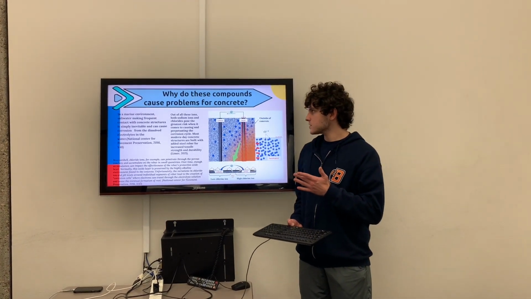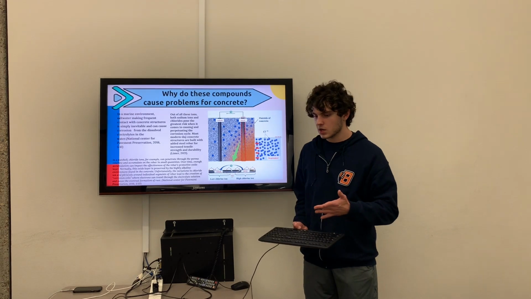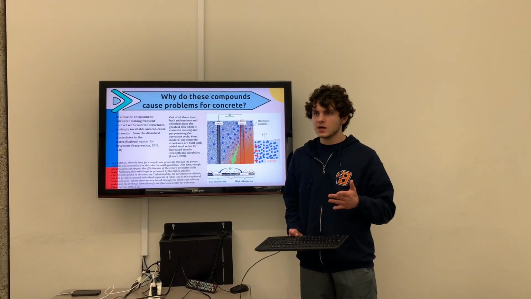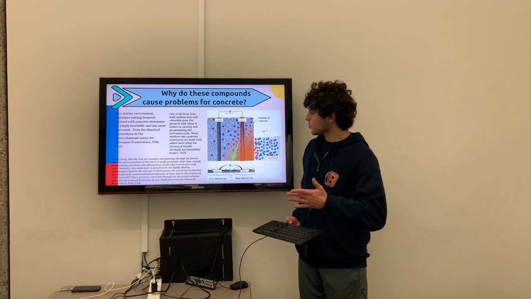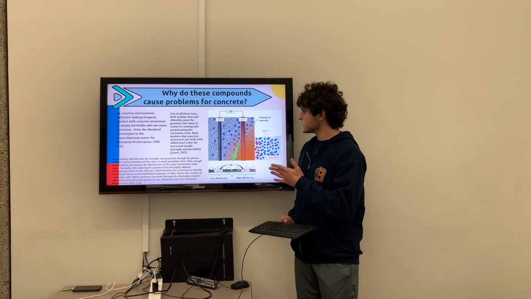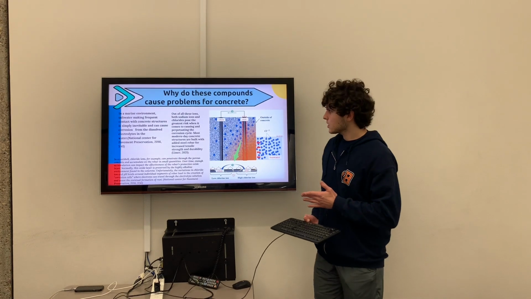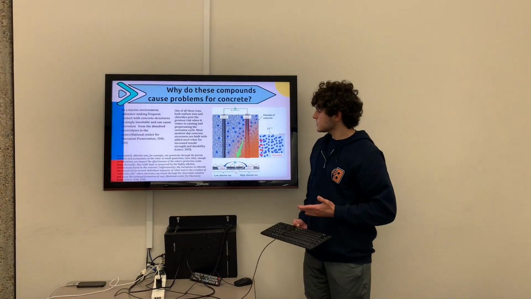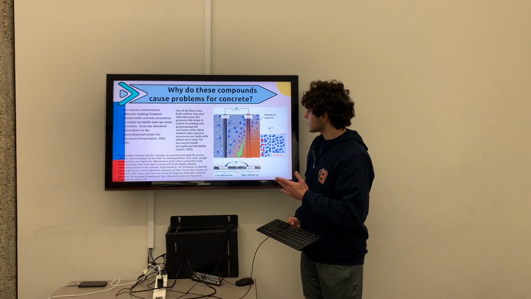However, these chloride ions can seep into the structure of the concrete, and consequently, they can actually cause a phenomenon known as a corrosion cell to occur, where essentially the electrons in the whole mixture, because again, these salts act as an electrolyte, start moving around, and you can see that that can actually cause corrosion and rust.